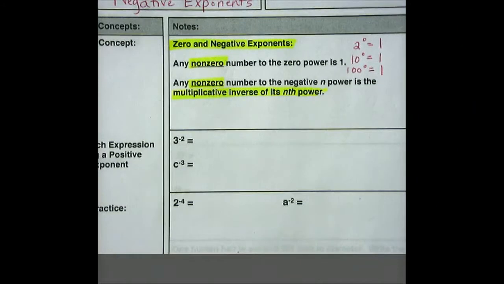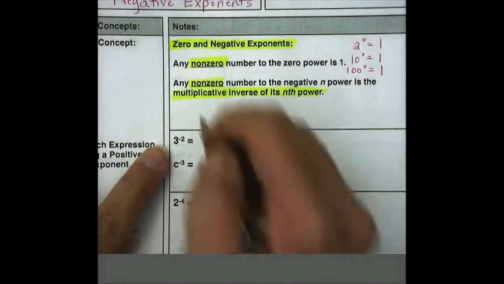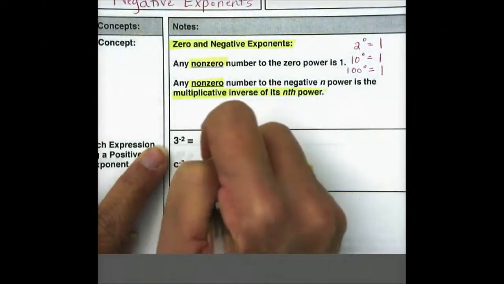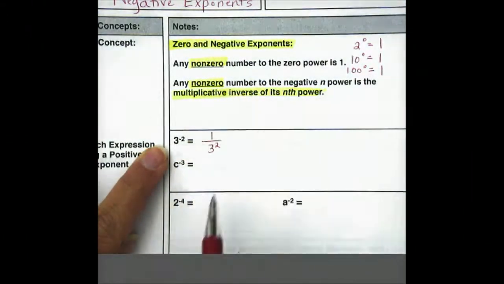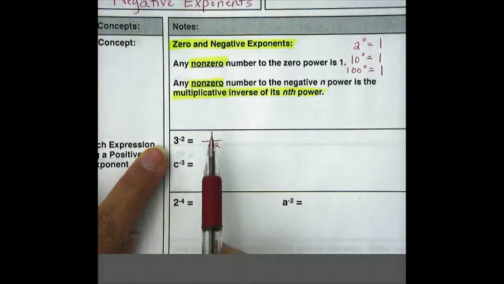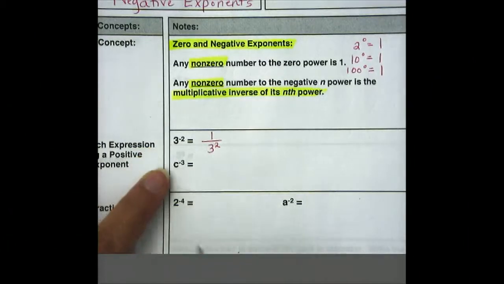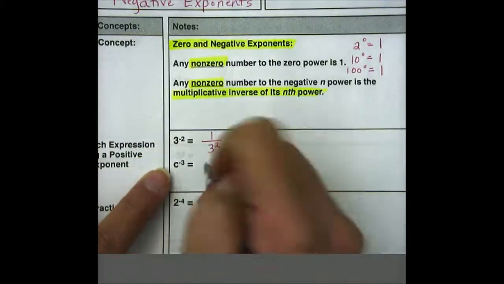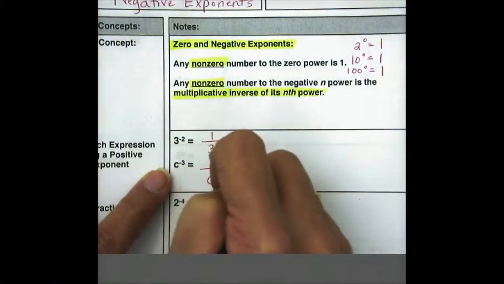So if we're going to change it to its multiplicative inverse of its nth power, then 3 to the negative second is going to be 1 over 3 to the second. So all we do is make the multiplicative inverse. Remember, the multiplicative inverse is 1 over that number, and you take away the negative. So c to the negative third would be 1 over c to the third power.